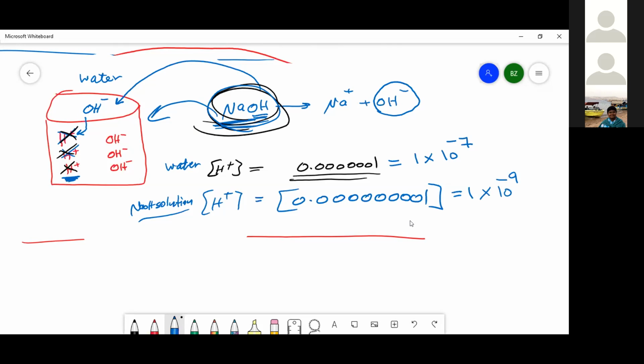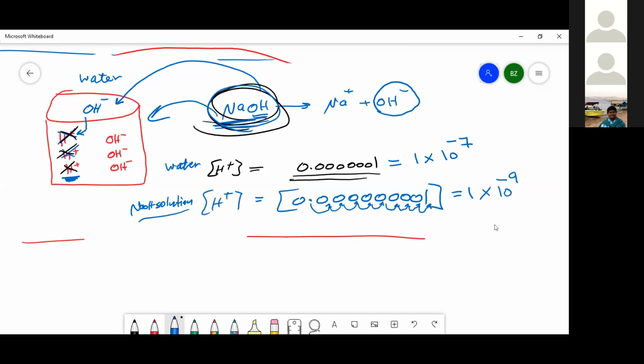You just move the point until you reach the number 1 and count how many steps: 1, 2, 3, 4, 5, 6, 7, 8, 9. So 10 power minus 9, because we are moving to the right side of the point. You got the point?